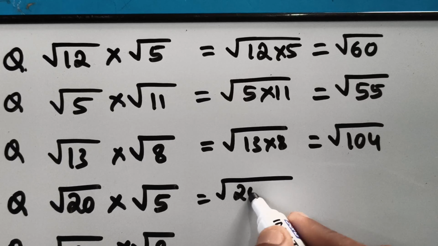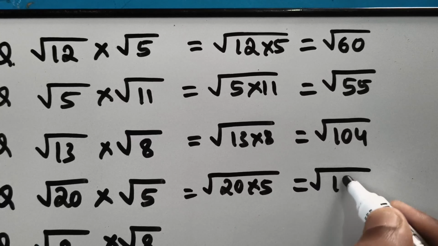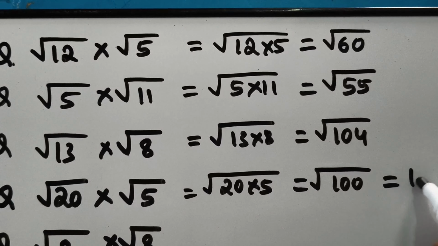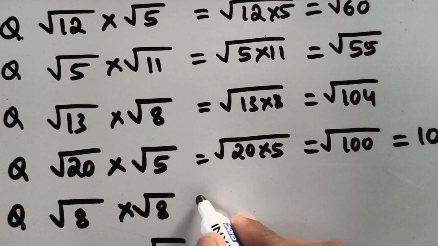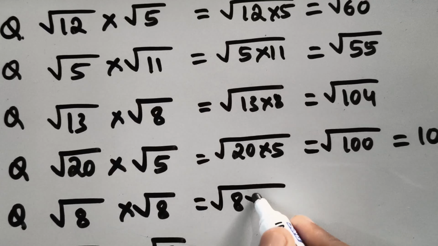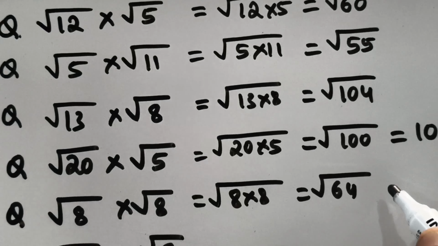Root 20 into root 5. Root 20 into 5, that is root 100. We know that 10 square is 100, therefore root 100 is 10. Root 8 into root 8, that is root 8 into 8, root 64. Root 64 is 8.